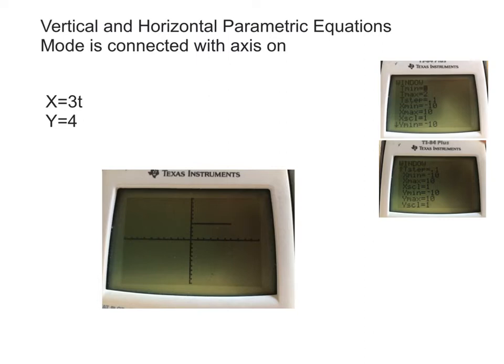And your x-coordinate will vary as t varies, 0.3, and then 0.6, and then 0.9, so on and so forth. And excuse me, you'll have 21 points, because you will have the 0.00, or when t is 0 also. So your x takes on all those values and your y stays at 4, creating the horizontal line.